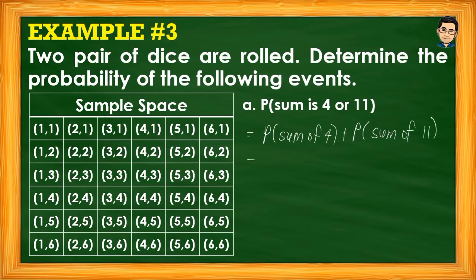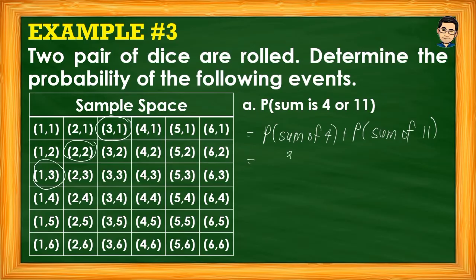Dito tayo sa ating sample space. So hanapin muna natin yung may sum na 4. So that is 1 and 3, and then 2, 2, tsaka 3, 1. Again, 1, 3, and 3, 1 are different. Hindi po sila magkamukha. Okay, so yung mga na-encircle natin, tatlo.